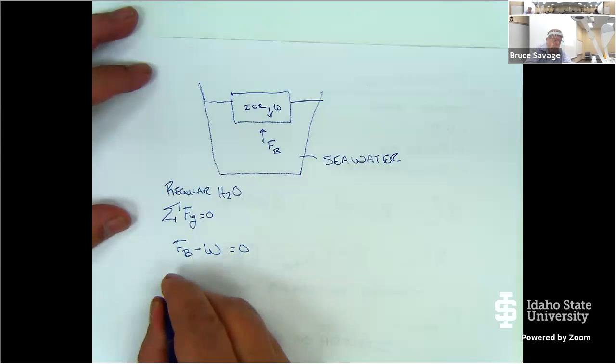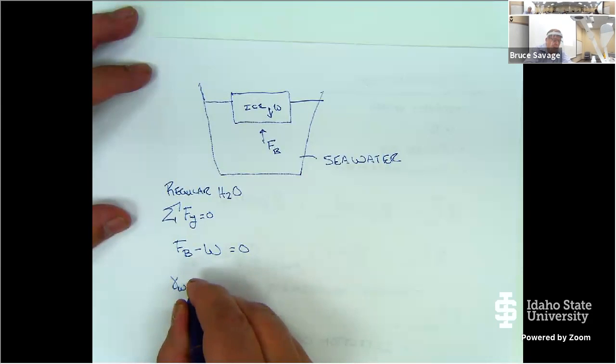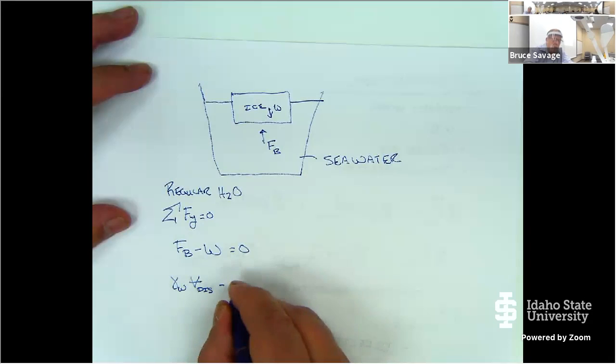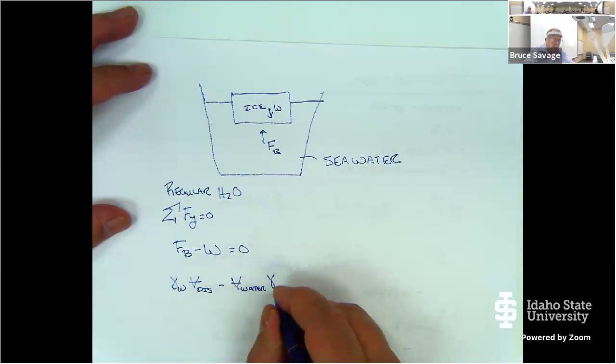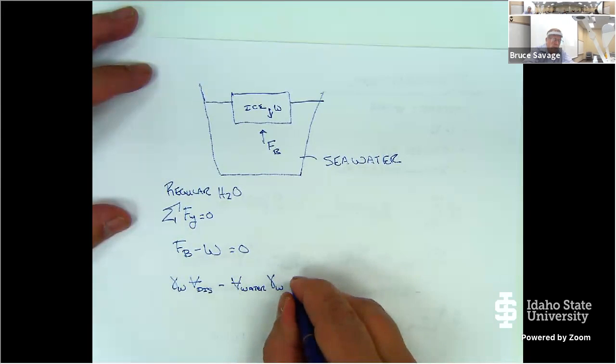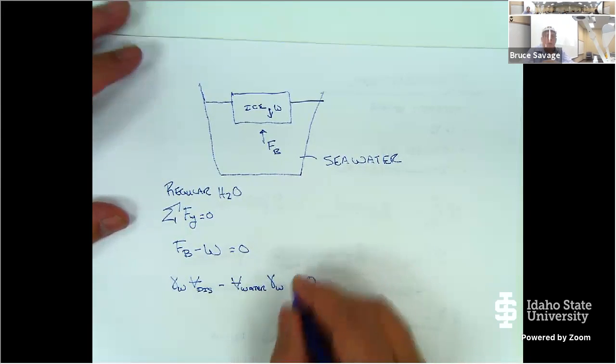And we know that the buoyancy force is gamma of water times the displaced volume, minus the weight. And the weight's going to be the volume of the water, not the displaced water, but the volume of the water times gamma of water, right? Comfortable with that?